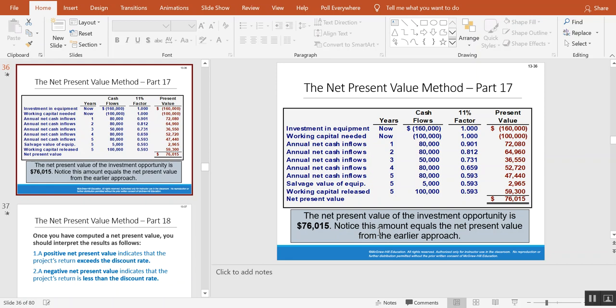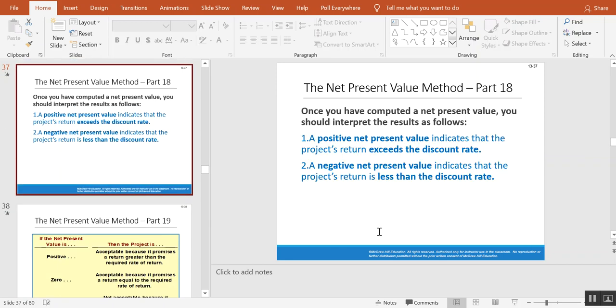That means we have a positive net present value, and that's going to be something that we will want to pursue because the return on the project exceeds the required discount rate. If we get a negative return, that's going to be less than the discount rate, and we won't want to pursue that.